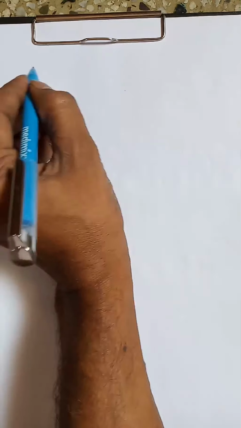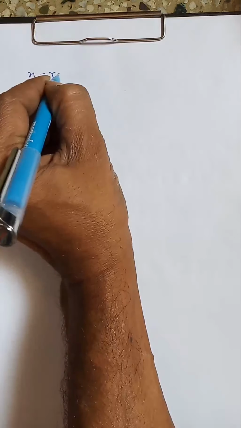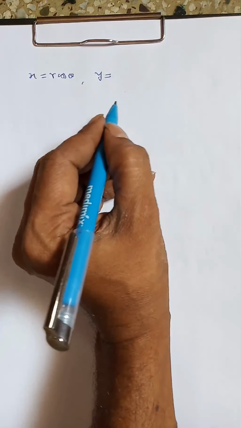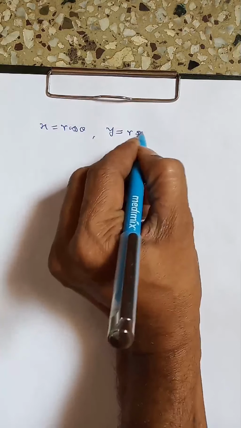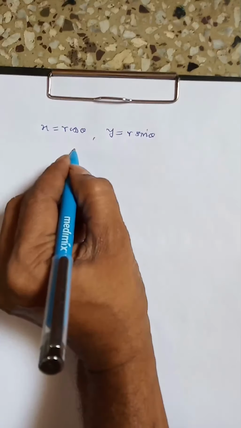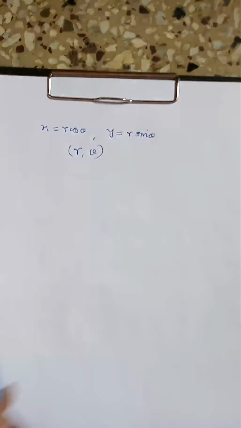As all of you know, the transformation from Cartesian to polar is x equals r cos theta and y equals r sin theta, where r and theta are polar coordinates.